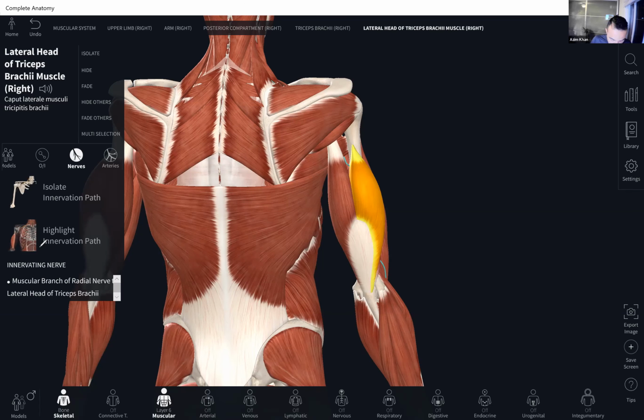It tells me that the innervating nerve is the muscular branch of the radial nerve. So the radial nerve, can you see that right here? The radial nerve innervates the triceps brachii. We're confirming what I've shared with you earlier. You can even highlight the innervation path. I'm going to click on highlight the innervation path.